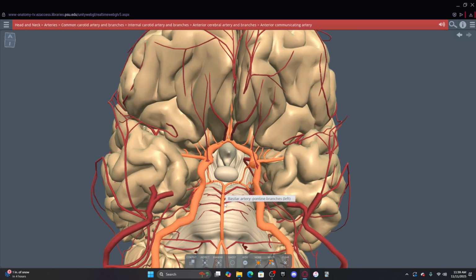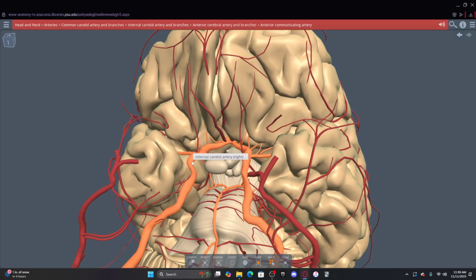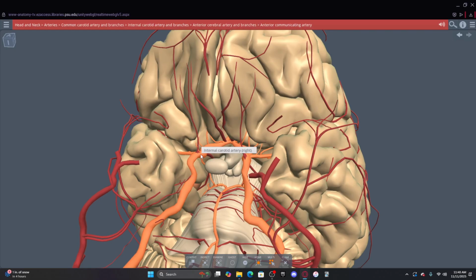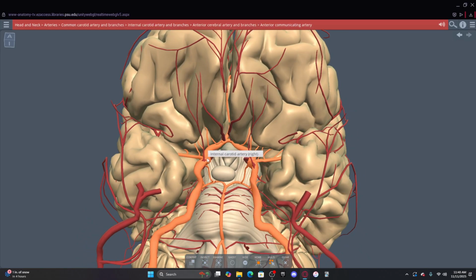All right, so basilar to right and left posterior cerebral artery, and then we move to our posterior communicating artery, right and left. Right, this is our internal carotid artery, so more blood is flowing into the circle of Willis via the internal carotid artery, and then internal carotid moves into the middle cerebral artery, right and left.